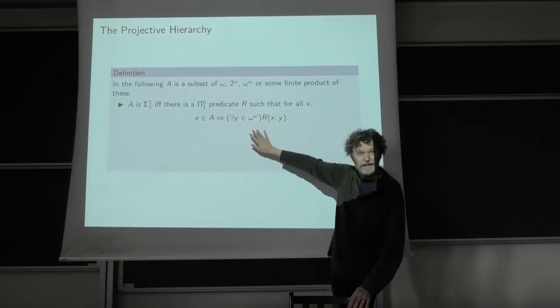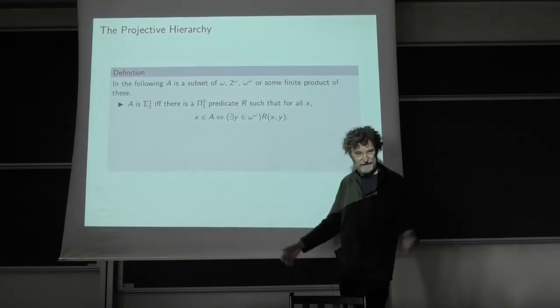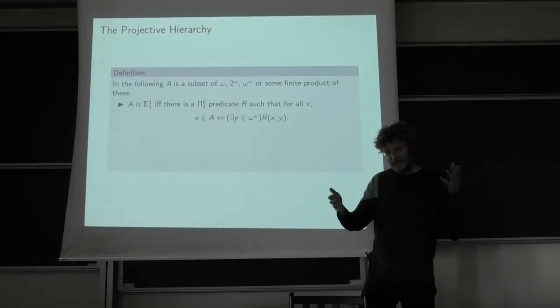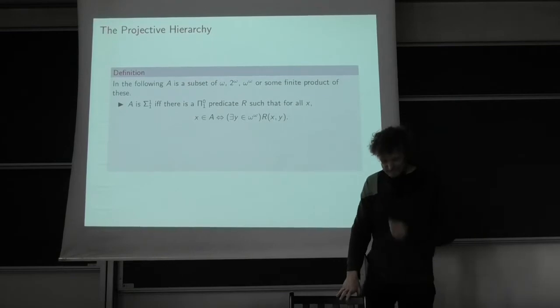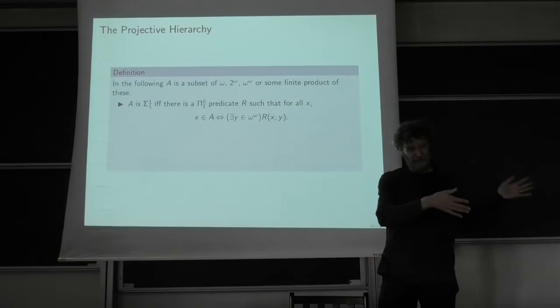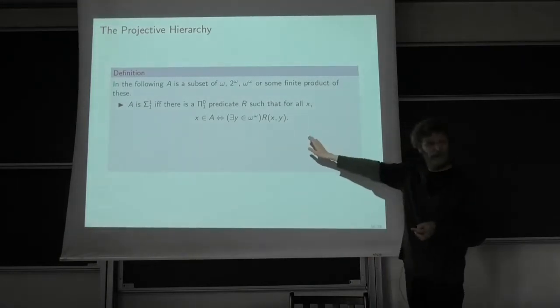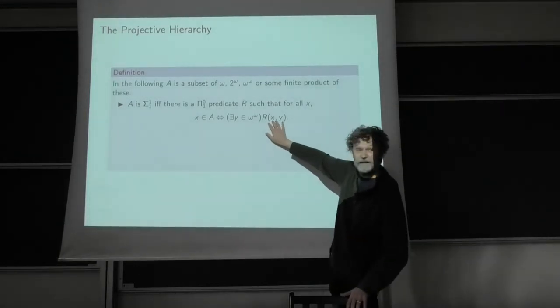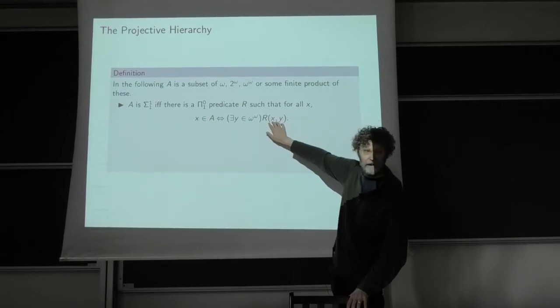So it's exactly the form that I said was a normal form for analytic sets. Okay, sigma 1, 1 sets are analytic. The difference between a general analytic set and a sigma 1, 1 set is that this predicate is effectively presented.